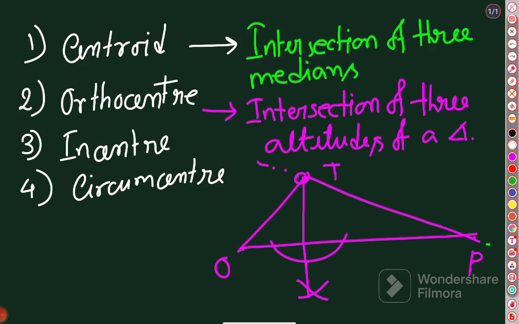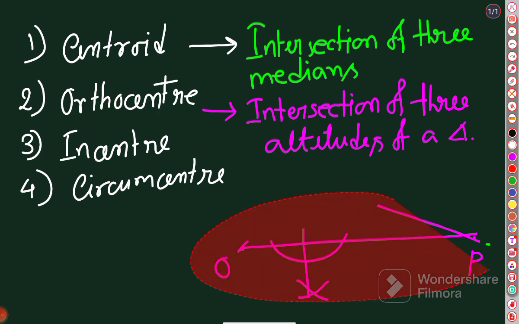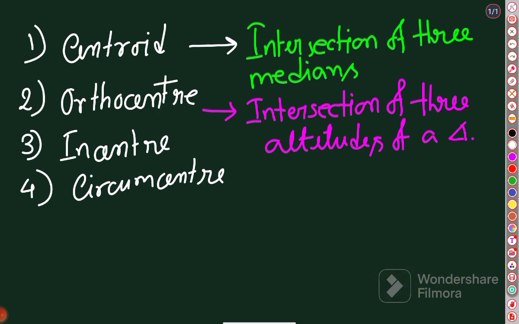I'm changing this figure a bit so that the point will be inside the triangle, just to make it easy to see. Then I will explain the different cases and conditions.